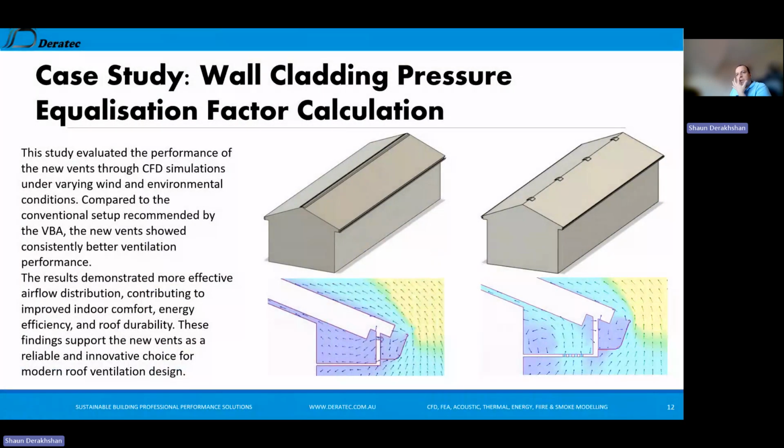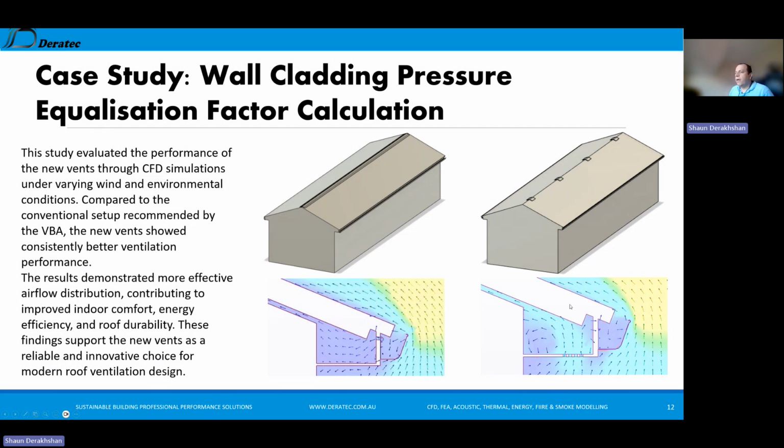Another one is one lovely client. They want to see their new wind product in the market, which relies on VBA, the Melbourne building code. So we compare for them against the VBA recommendation for building. This is the standard method, and this is their method.